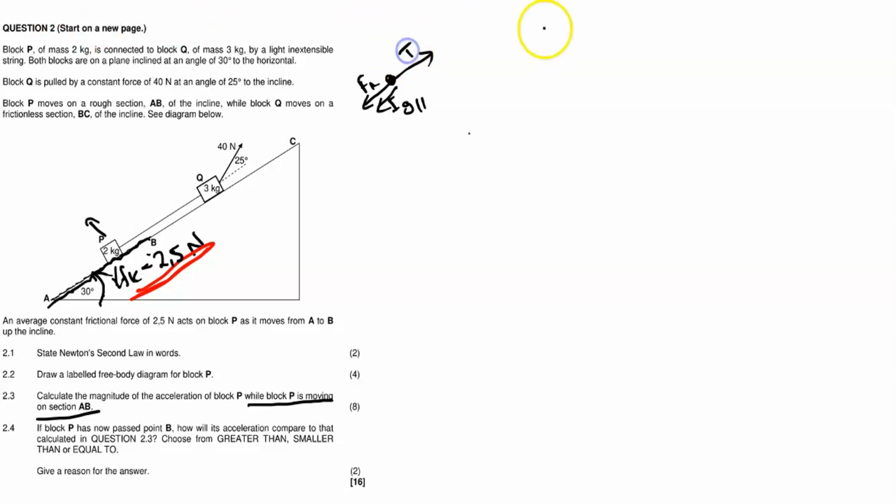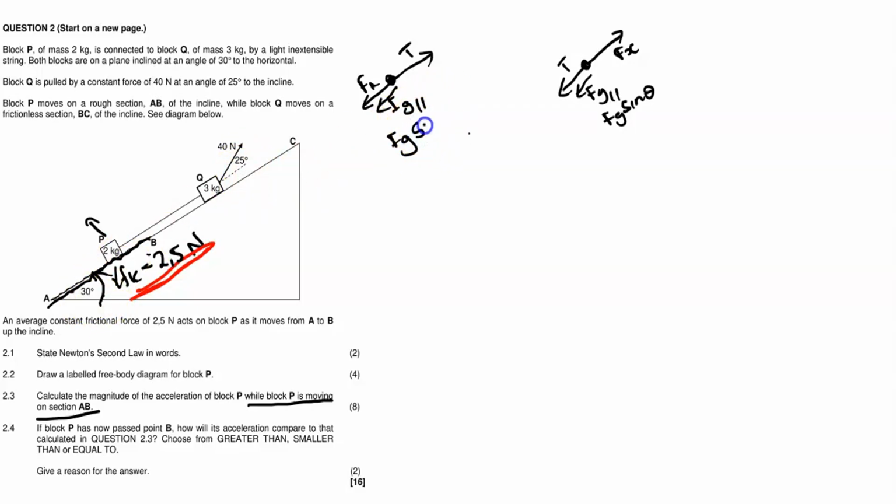And then we go to the 3 kg block. We'll be dealing with tension, Fx, which is the component that is acting parallel to the slope, and then we'll be having Fg parallel, which is the same as Fg sine theta. And remember, this sine theta that we'll be using is not the 25 degrees, but it's the 30 degrees.